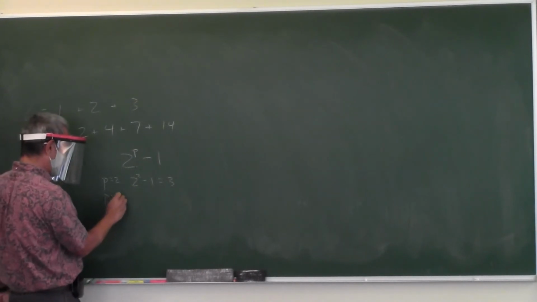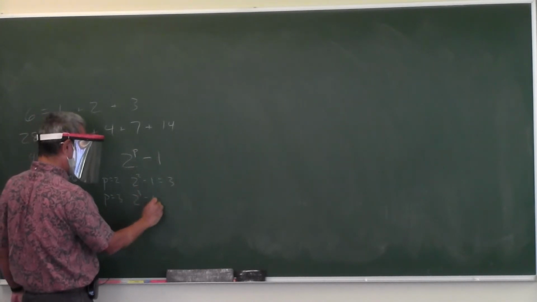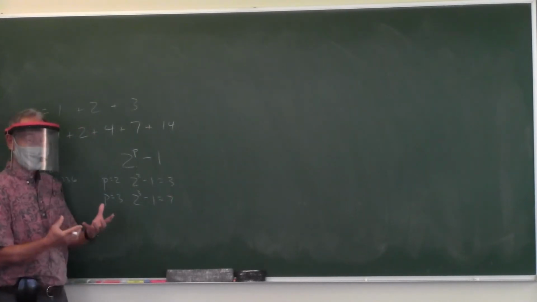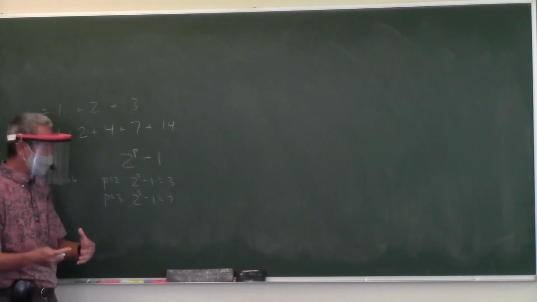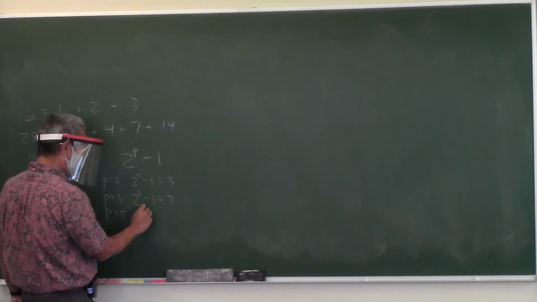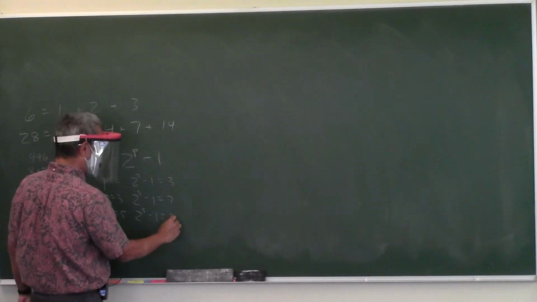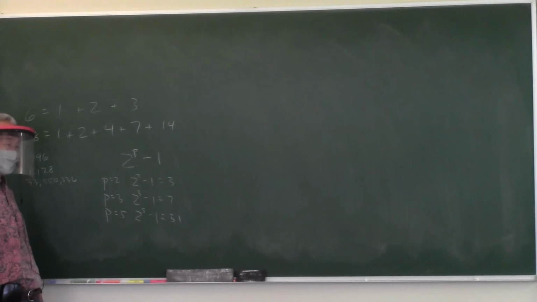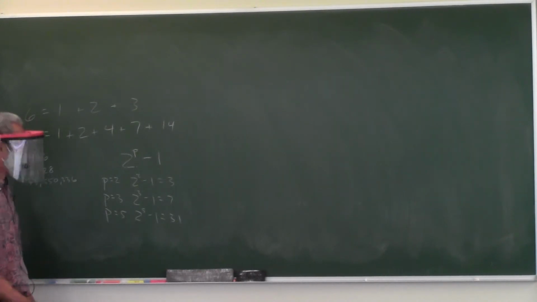What about when p is 3? 2 to the 3 minus 1 is 7. Is 7 a prime number? Yeah, so 7 is not just a prime number, it's a Mersenne prime. What about when p is 5? 31. Is 31 a prime number? Yeah, so 31 is a Mersenne prime.